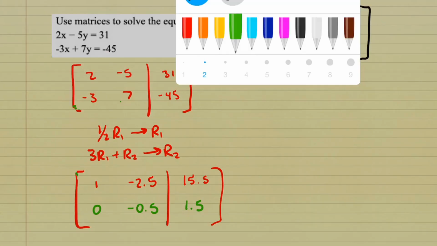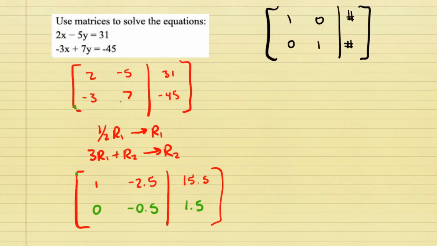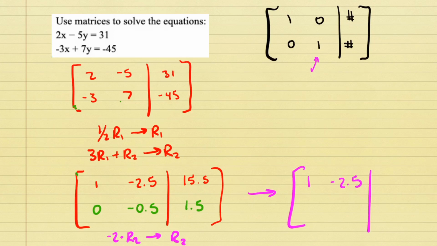Now the next step is to get this number to be a 1. I'm going to take row 2 times negative 2 and replace row 2, because I want to get a 1 there. So 0 times negative 2 is 0. Row 1 isn't changing at all in this step.